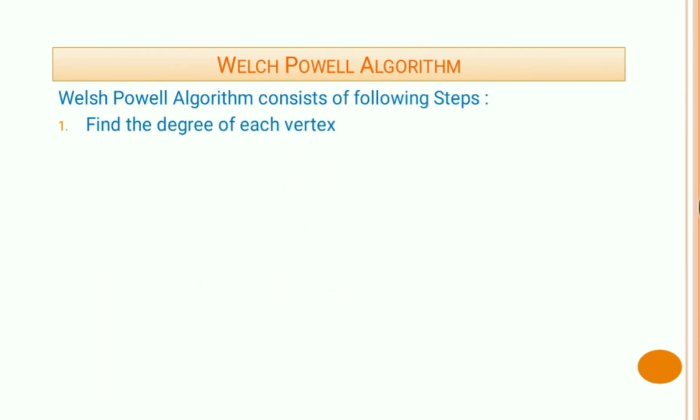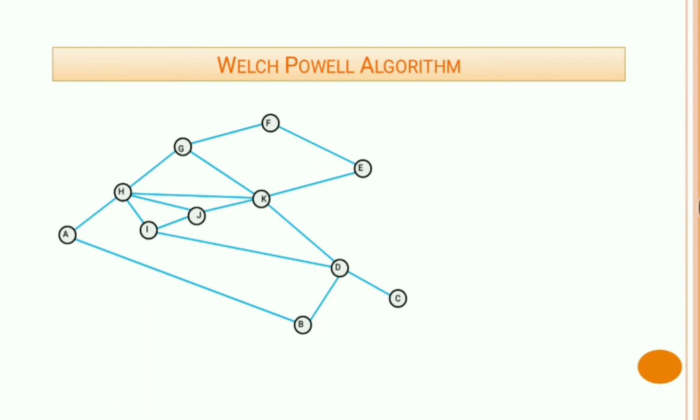So the following steps will be used in the Welsh-Powell algorithm. Step 1 is to find the degree of each vertex. So we'll first find out the degree of each vertex in the above graph. We'll start with A. Degree of A is 2.